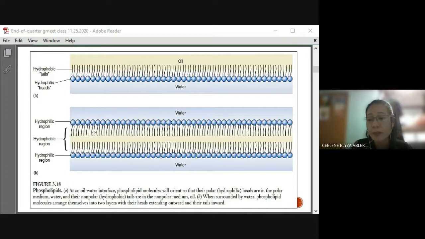You notice where the thicker region is, this is your hydrophobic region, the part that can most likely accept non-polar substances. Notice that this portion here and this portion here can accept polar substances because these are hydrophilic regions. They can attract ionic substances and substances that are dissolved in water.